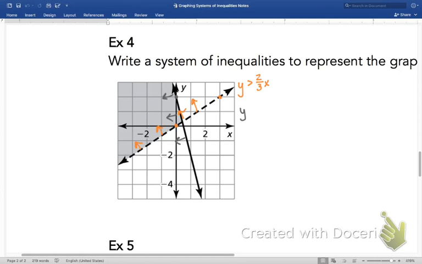So it's y, is it less than or equal to? Less than or equal to. What's the slope of my line? Negative 4, down 4 over 1. Negative 4x, and then slope intercept plus 2.